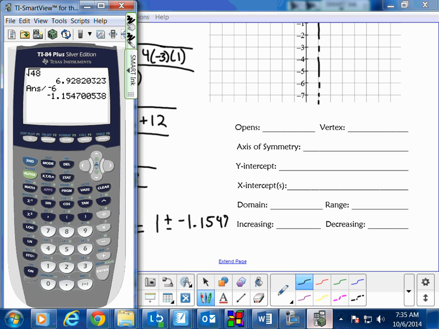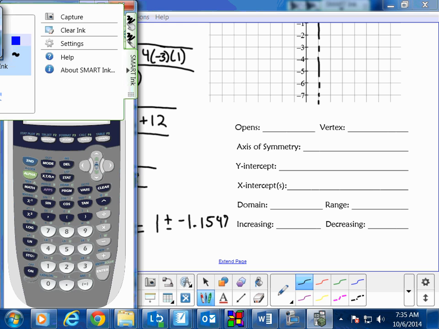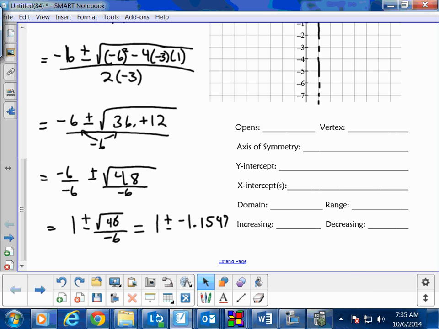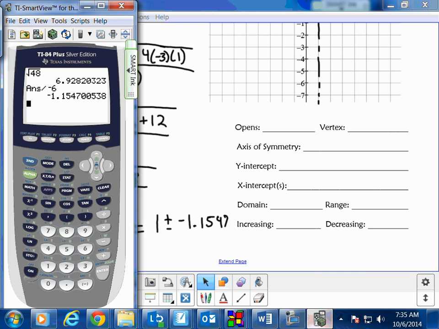So, 1 plus 1.1547 comes out being positive, and the other one comes out being negative.